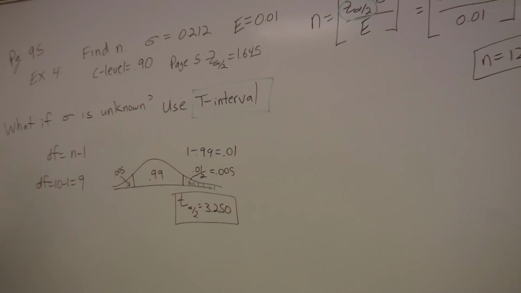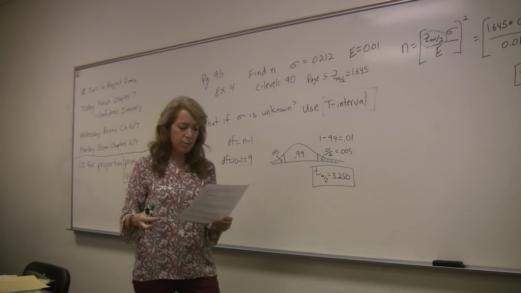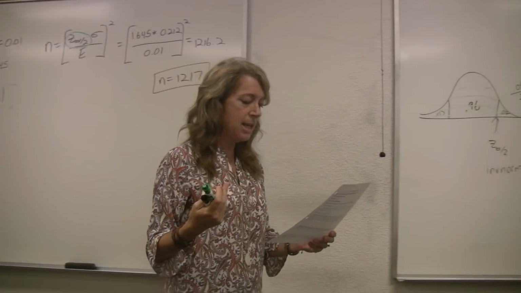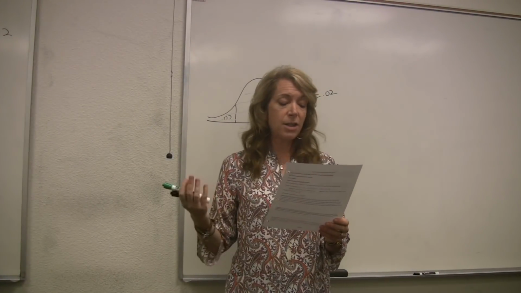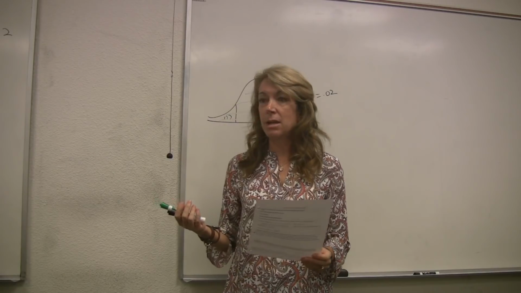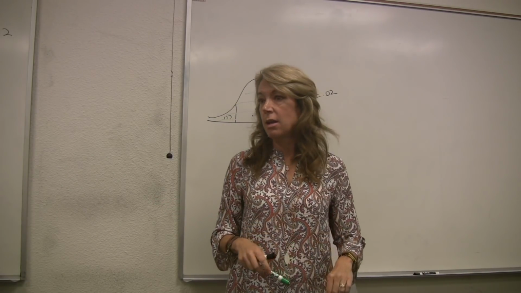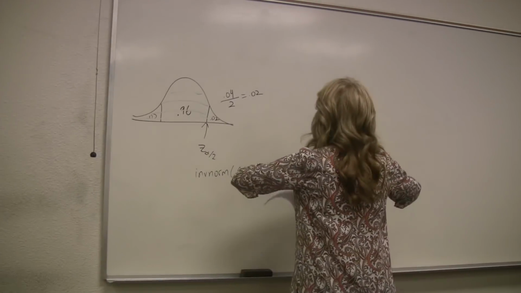So look at example 6. They have 106 body temperatures with a mean of 98.2 degrees and a standard deviation of 0.62. And it starts with what is the best point estimate? What's the point estimate? If you're estimating a mean, X bar, thank you.